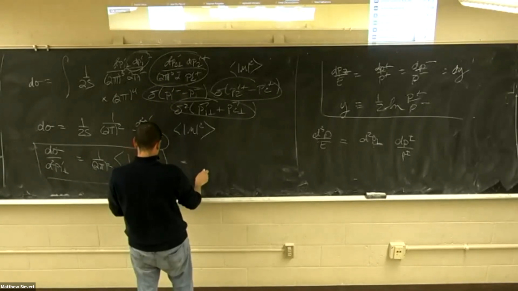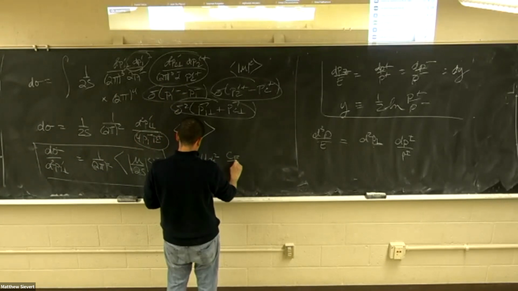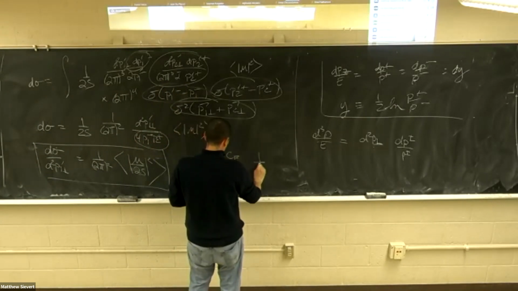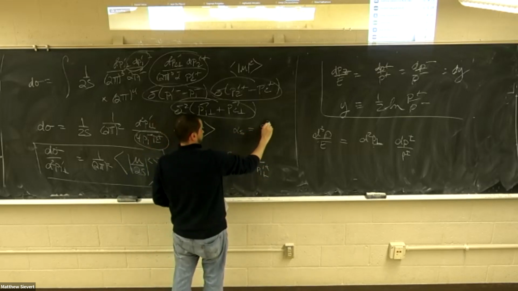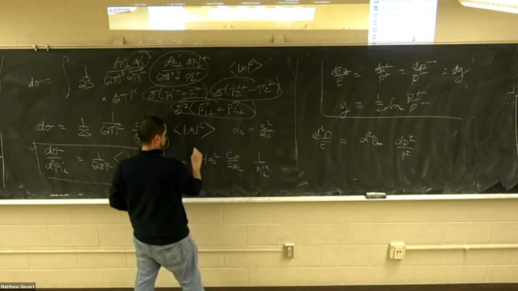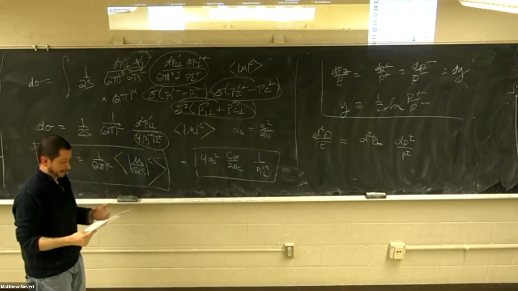So the observable cross section is 4α_s² C_F over 2N_c, 1 over p1 perp prime to the 4th, where I've written the strong coupling as g² over 4π. Okay, so that is the final result of the cross section.